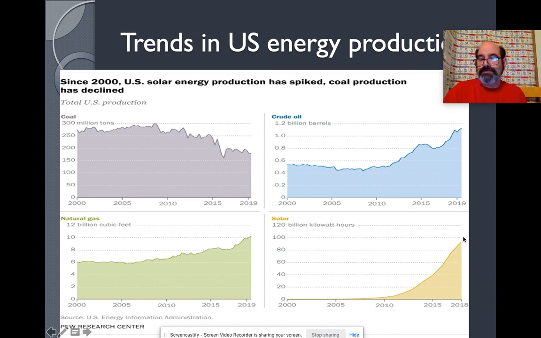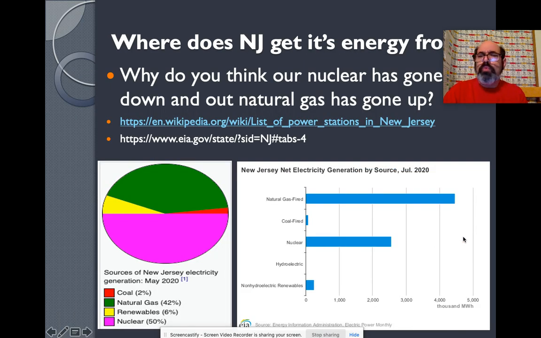The green future. Where does NJ, New Jersey, get its energy from? Let's see. We got nuclear here, 50%. Here we got natural gas, 42%. Very popular now. We got renewables, which is nice, 6%, and only a teeny tiny bit of coal, which is good. But take a look at this. Why is the natural gas higher?